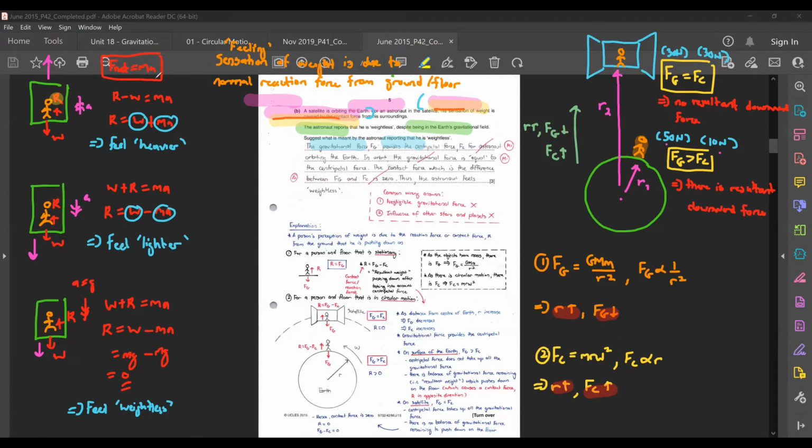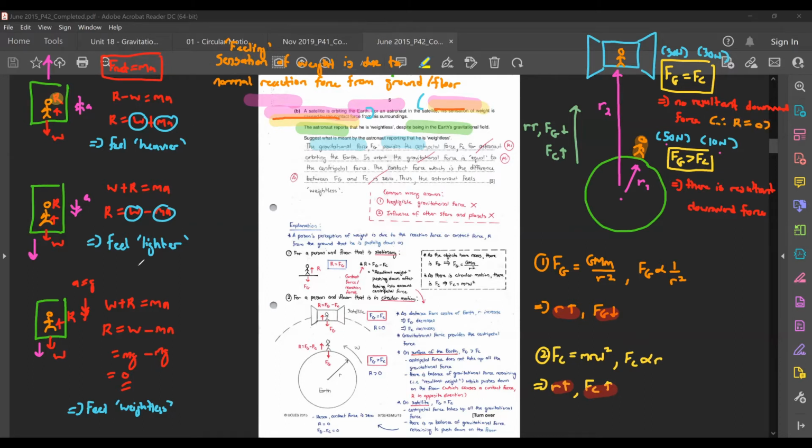The person is no longer pushing down onto the ground, so you have no reaction force anymore. Therefore R is 0.